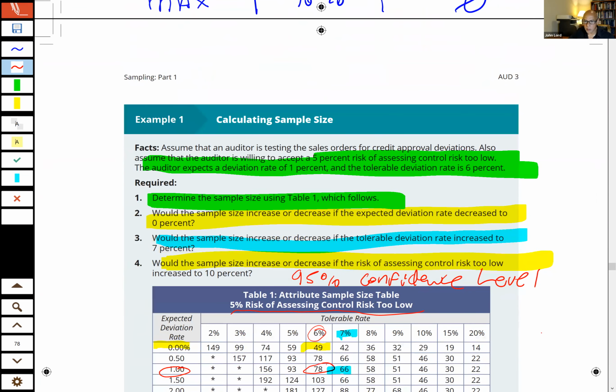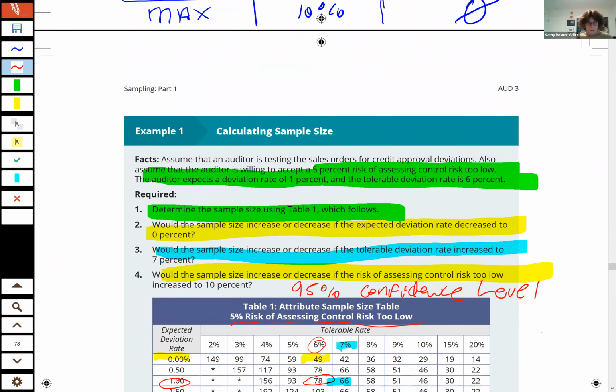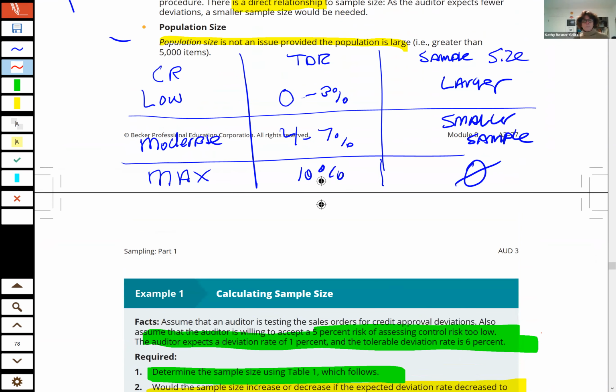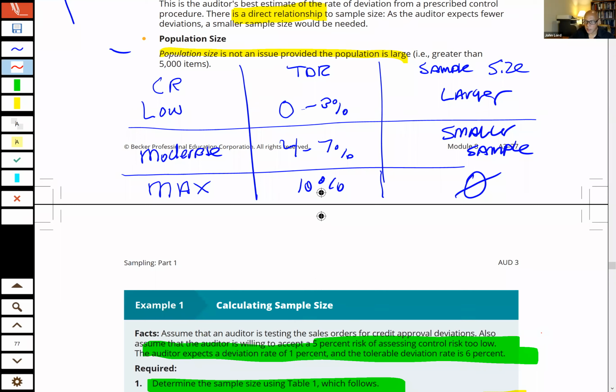You make completely the wrong decision. Tolerable deviation rate is telling me how much non-conformance with this control technique I will tolerate and still be satisfied that I'm getting the coverage from the control that I need to make my decisions about my substantive testing.